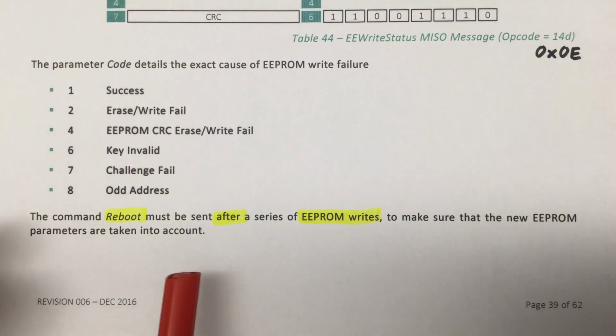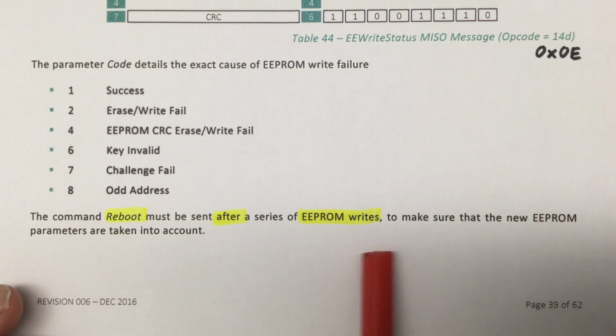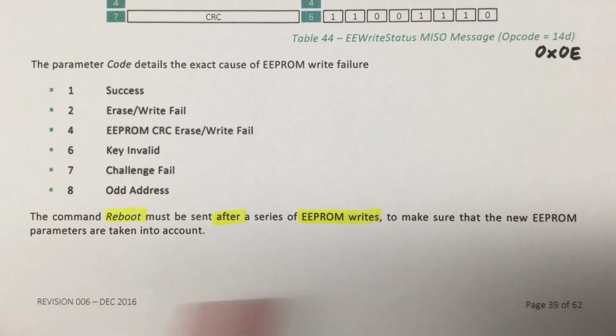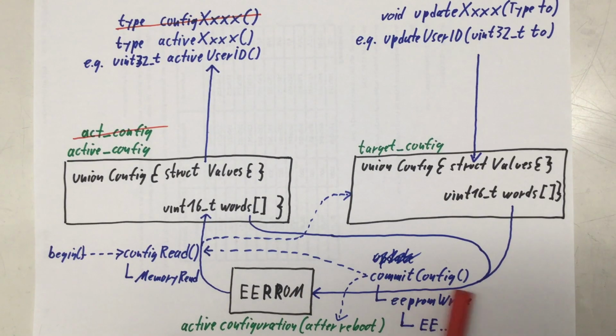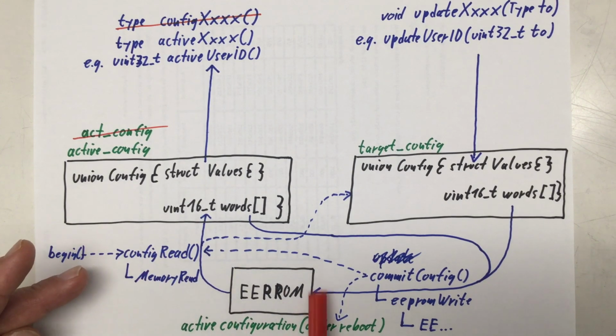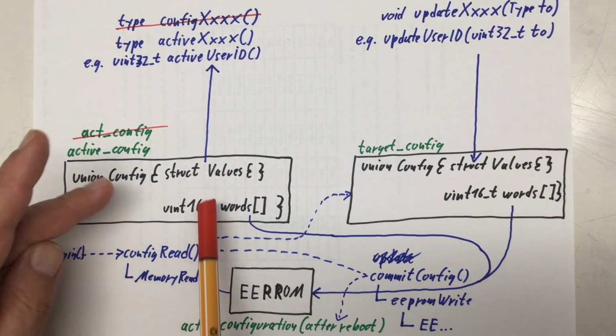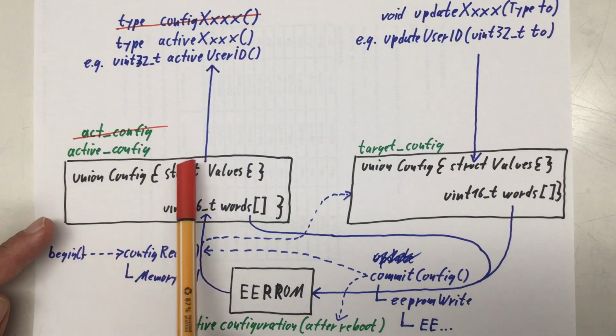Please note that the datasheet states that reboot must be sent after a series of EEPROM writes to make sure that the new EEPROM parameters are taken into account. So, our commit config also needs to execute a reboot to ensure that the chip is actually using the new values in the EEPROM. And at the very end, I would like the commit config also to call the config read so that the new EEPROM values are also within our active config.